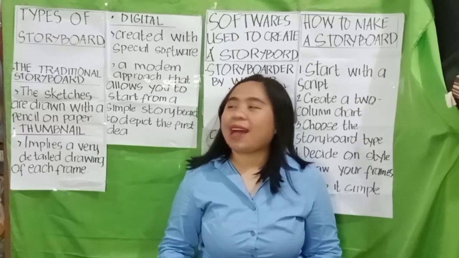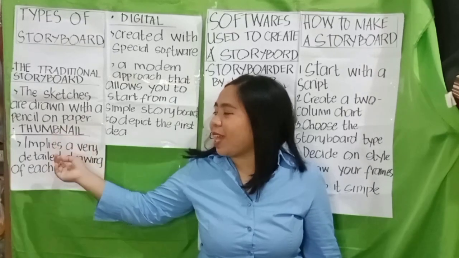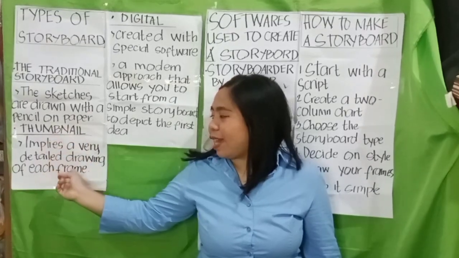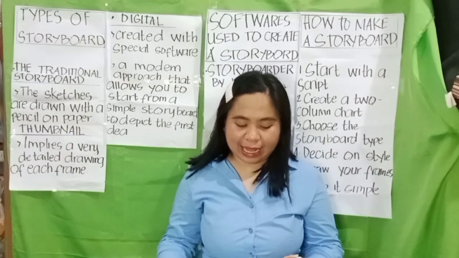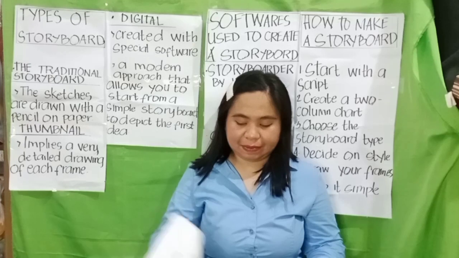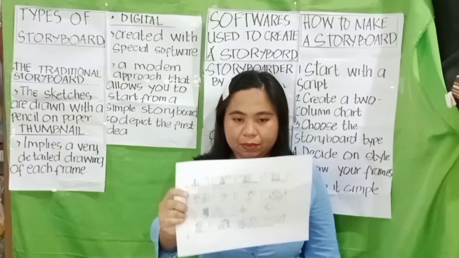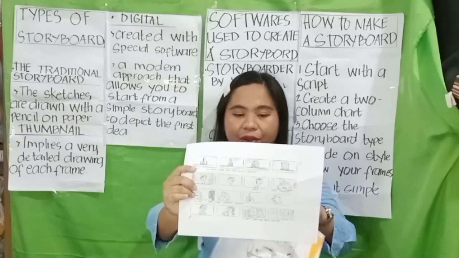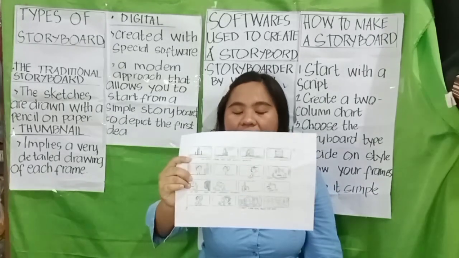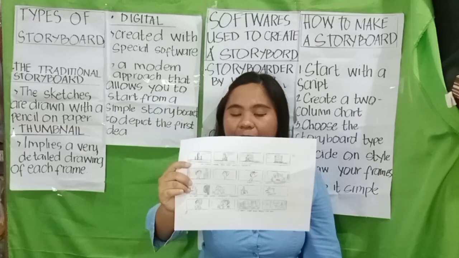Then the second type is the thumbnail. It implies a very detailed drawing of each frame. The thumbnail looks like this. You can see there are 16 frames that have been used.